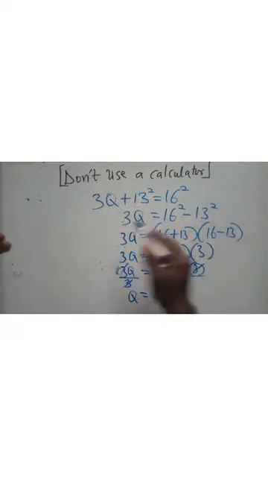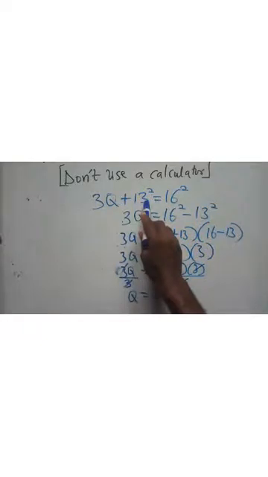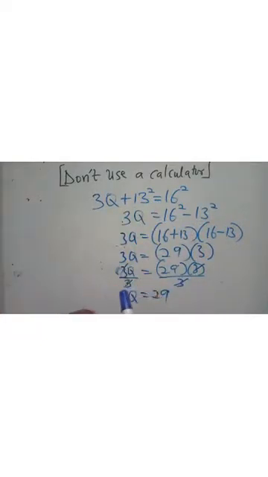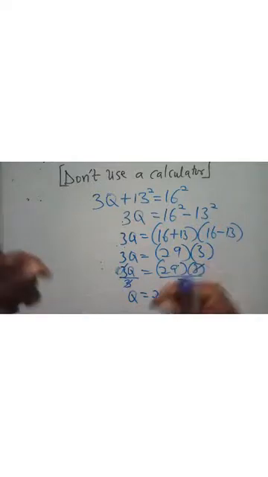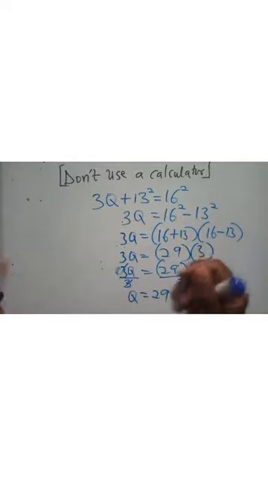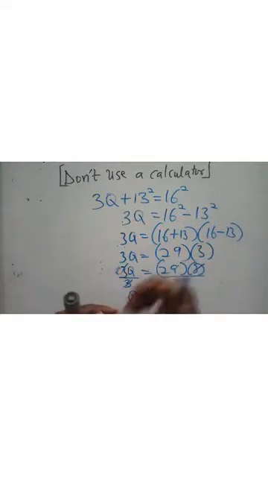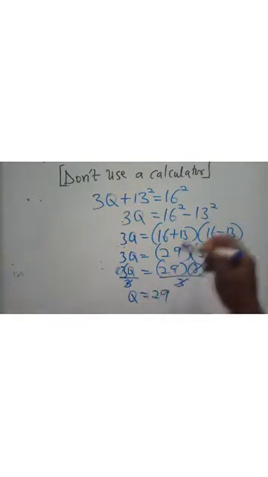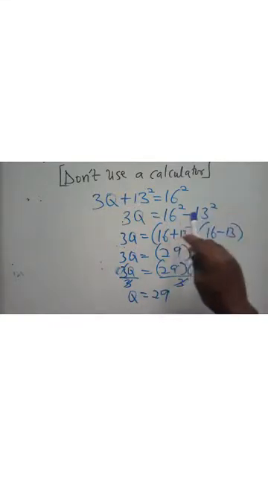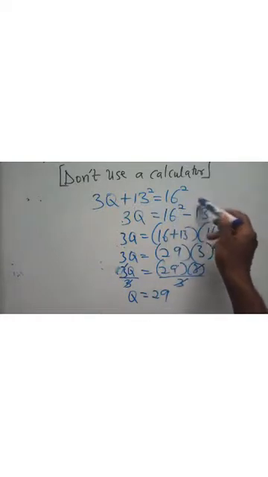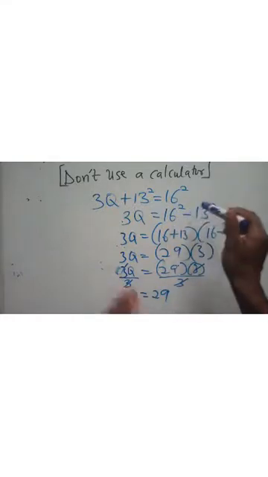We were given 3Q plus 13 squared equals 16 squared, and I was asked not to use a calculator. But the first thing that I did was, of course, I did use a calculator to find the value of Q. Then from there I should work. So when I had this, I realized that I was dealing with difference of 2 squares, because of course I have a subtraction sign here in between 2 squares.